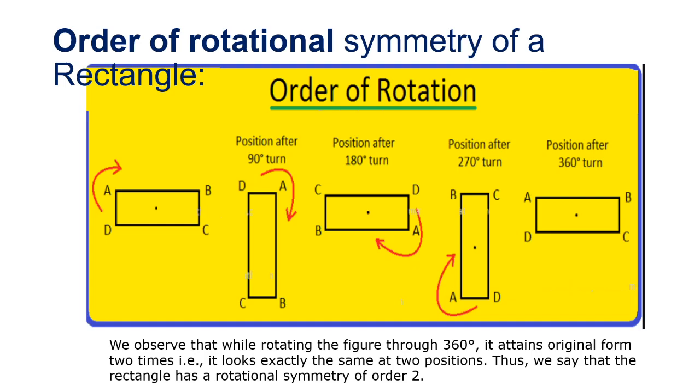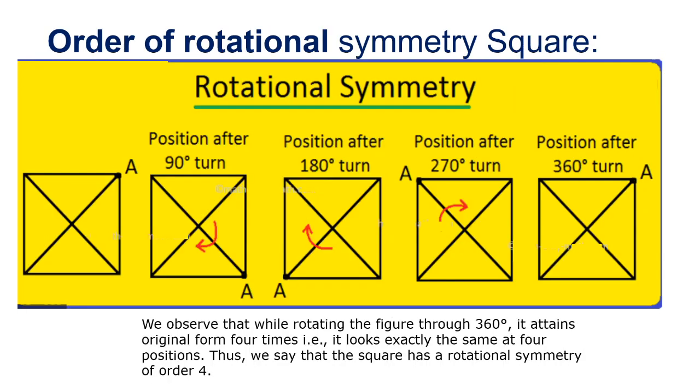Okay, so here I have written the position after a 90-degree turn and the position after a 180-degree turn. So this position and this position are matching with this. So the order of rotation symmetry in rectangles equals 2. Okay, moving to the next page.